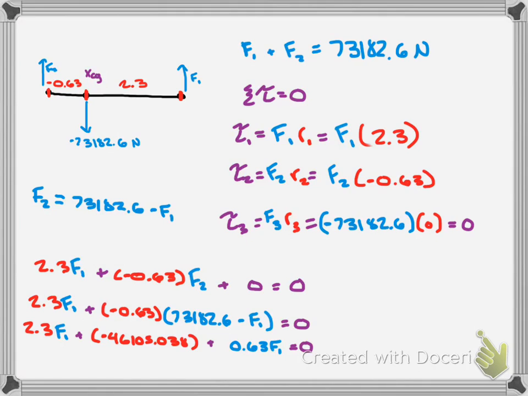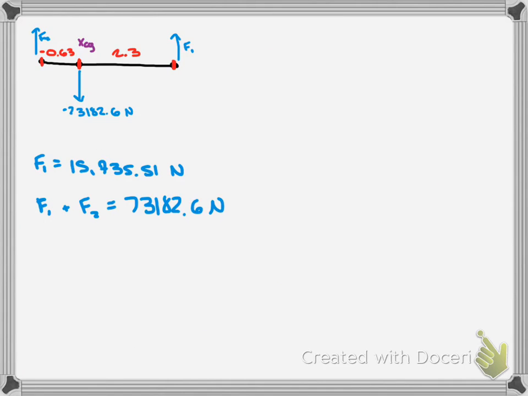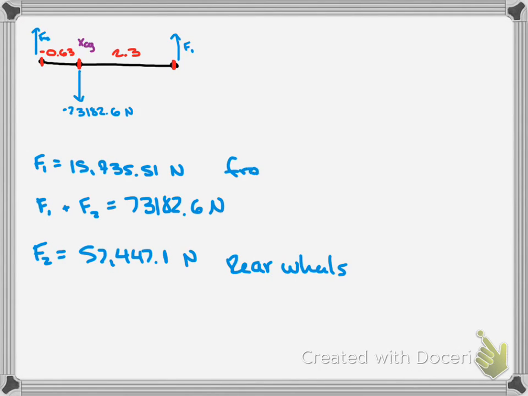Now you just solve for F1, and you should get your answer to be 15,735.51 newtons. So you know what F1 is, and you know that F1 plus F2 is equal to this number. So now just plug in to find F2, and you get F2 is equal to 57,447.1 newtons. F2 representing the rear wheels and F1 representing the front wheels.